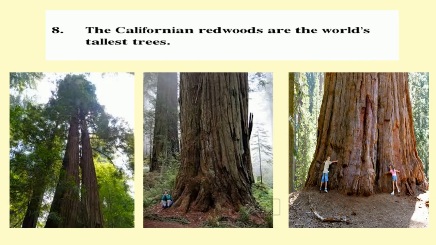Number 8 is the Californian redwoods are the world's tallest trees. Californian redwoods are the tallest living things on our planet, growing 300 to 350 feet tall and 16 to 18 feet across. We can find them in redwood forests near the California coast.